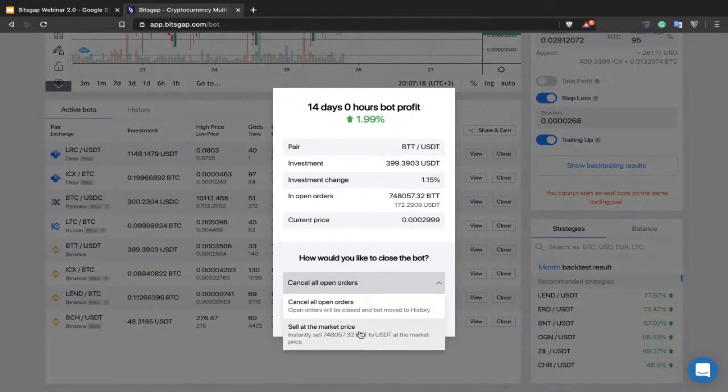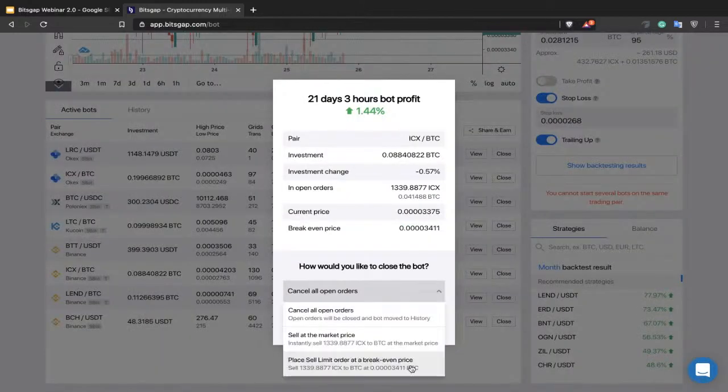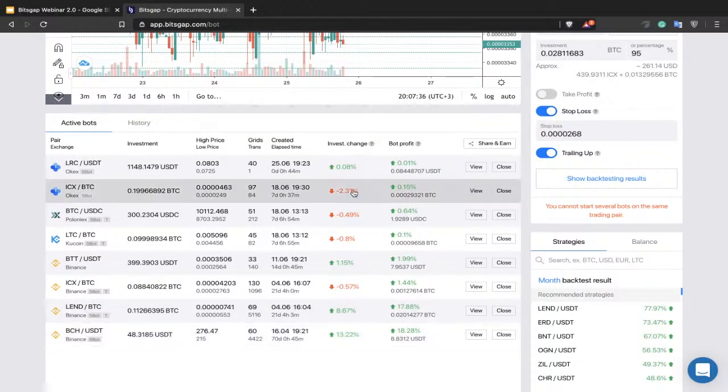Whereas when it comes to selling at the break-even price, we must wait for some time for the price to go to the point where the break-even price is for that trade. And that's only for the active bots that are now in the negative zone.